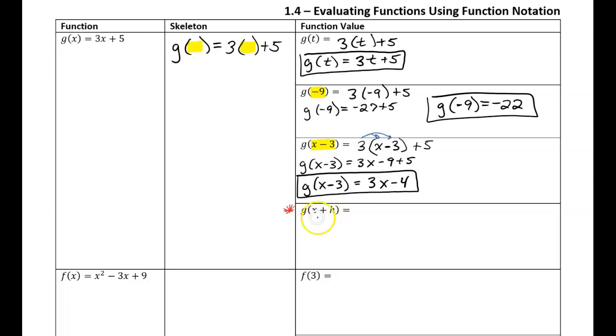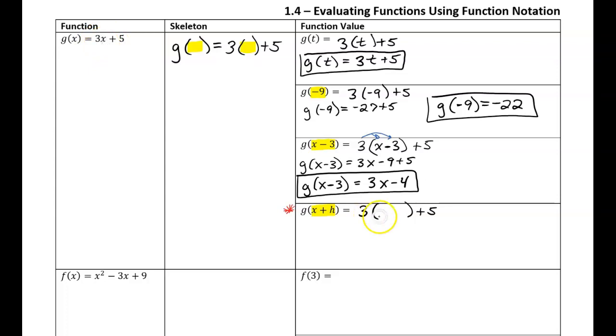In this case, we have 2 variables that we're plugging in with this addition in between. And maybe we may think that things are going to change drastically, but really, what is the process for evaluating? Whatever's inside gets plugged into that spot we've saved. That spot that came from the original variable in the original function.